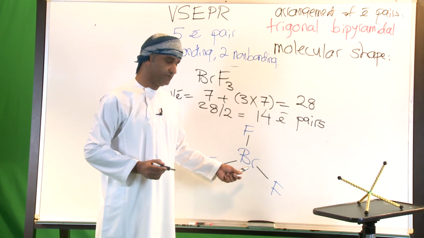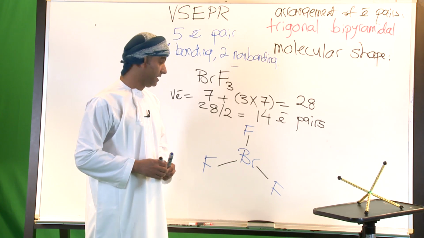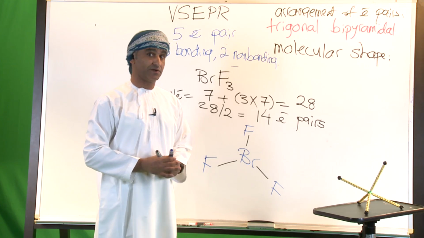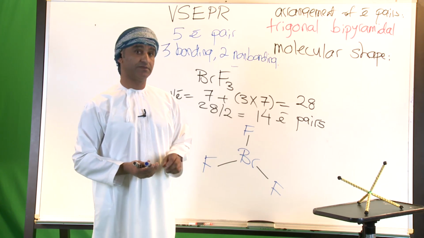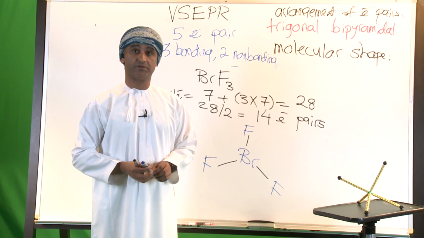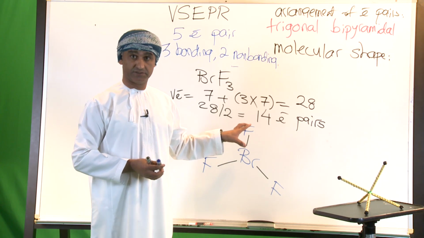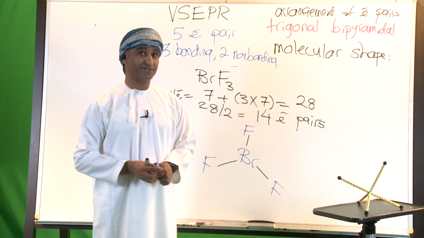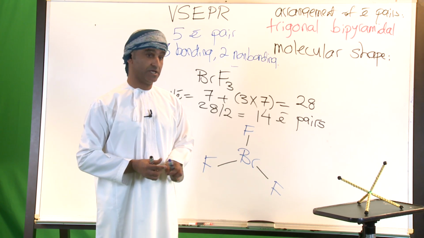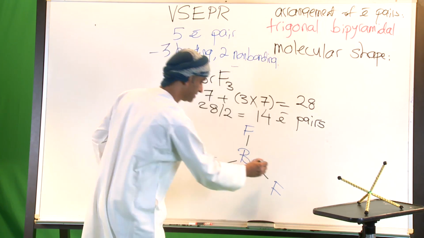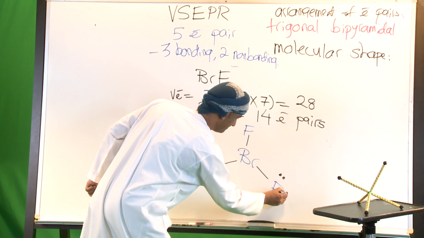Okay. Now, if you look at these fluorine atoms so far, you would find out that they are surrounded by only 2 electrons, and that's not satisfactory according to valency rules. We need to make sure that each of these surrounding atoms obeys the octet rule. Each of them has 2, so we need to draw 6 more on each of them.